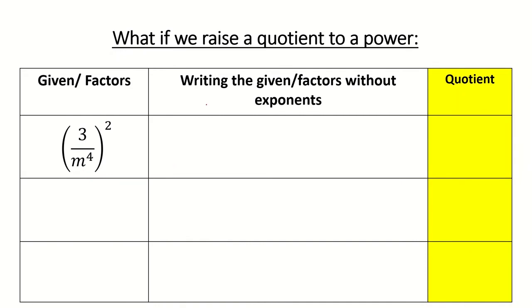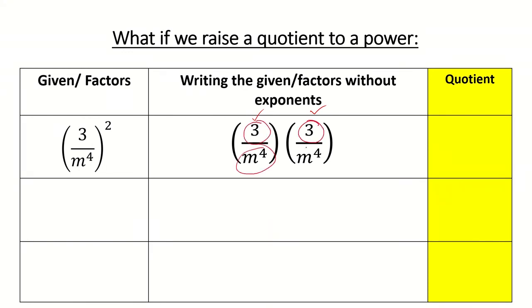So kung wala pa tayong knowledge sa laws of exponent, from before, okay, yung prior knowledge natin, we just have to expand it. Meaning, you have to multiply 3 over m to the power 4 by itself twice. And then, ano yung ginagawa natin before? Numerator times numerator, denominator times denominator.